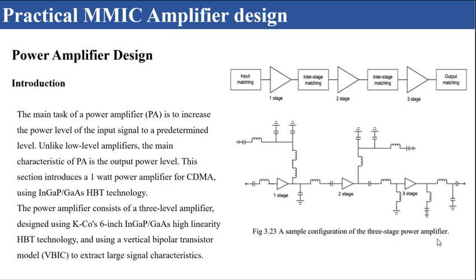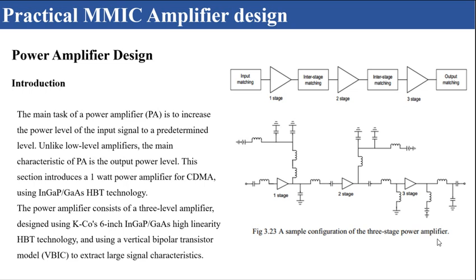The main task of a power amplifier is to increase the power level of the input signal to a predetermined level. Unlike low-level amplifiers, the main characteristic of PA is the output power level. The section introduces a 1 watt power amplifier for CDMA using gallium indium phosphide gallium arsenide phosphide HBT technology.